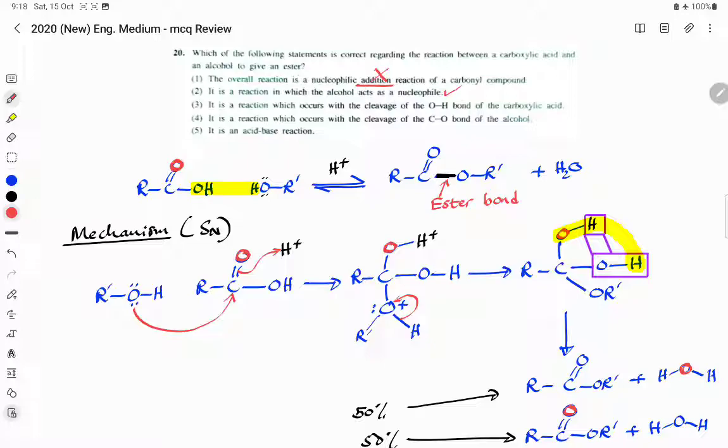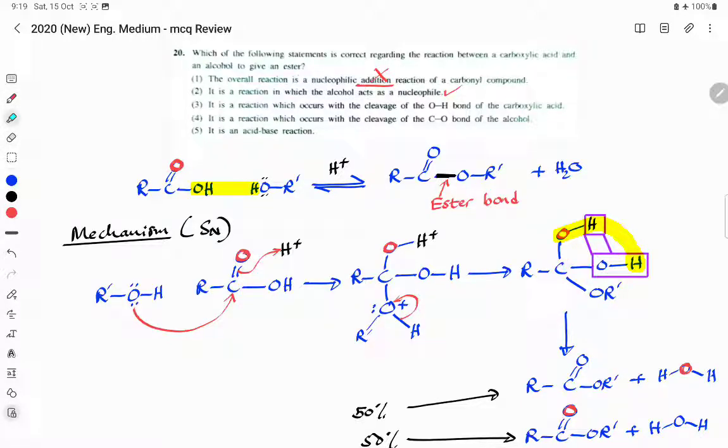Third statement, it is a reaction which occurs with the cleavage of the OH bond of the carboxylic acid. The reaction happens like that 50% of the time. The OH group is this one. Sorry about that, not this bond.